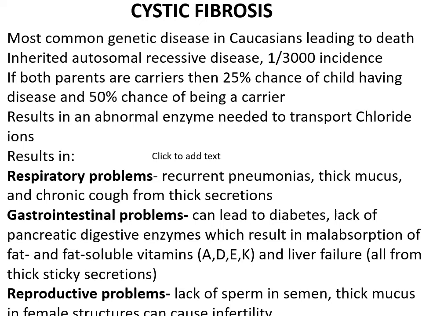And there's also reproductive issues, infertility, because all of those little ducts are also filled with thick, tenacious secretions, and that can result in lack of sperm in the semen. It can result in thick mucus in the fallopian tubes, so in all the reproductive tubes that are responsible for the ovum, the egg, to get to the uterus. Okay?